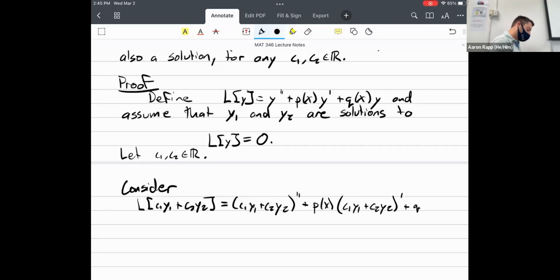And then q times the function. Now look at this. Derivatives, well, I can use the sum or difference rule. Distribute those derivatives over addition. But then C1 and C2 are also constants, which I can pull constant multiples out of differentiation and multiply them back later.